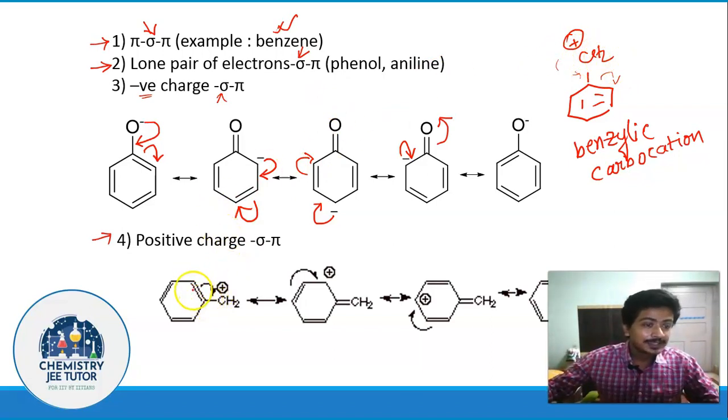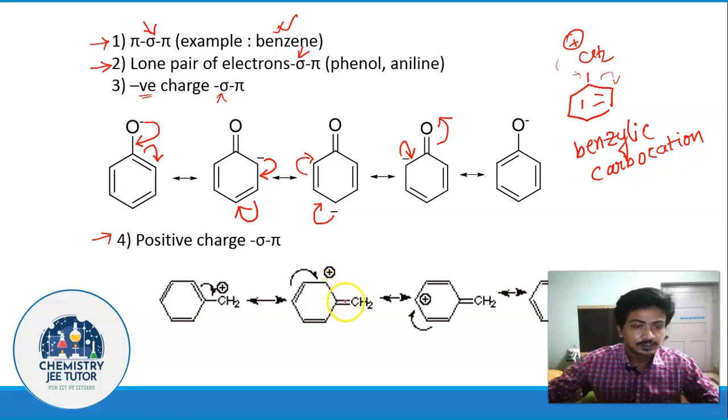The pi electrons over here are going to shift like this. This is a middle to middle transition, since this is a bond to bond migration. So you are going to end up with this, and a positive charge over here because the bond here along with its electrons has migrated. So you are going to get something like this. Now in the third resonating structure, this middle to middle transition is going to take place. You are going to get something like this.